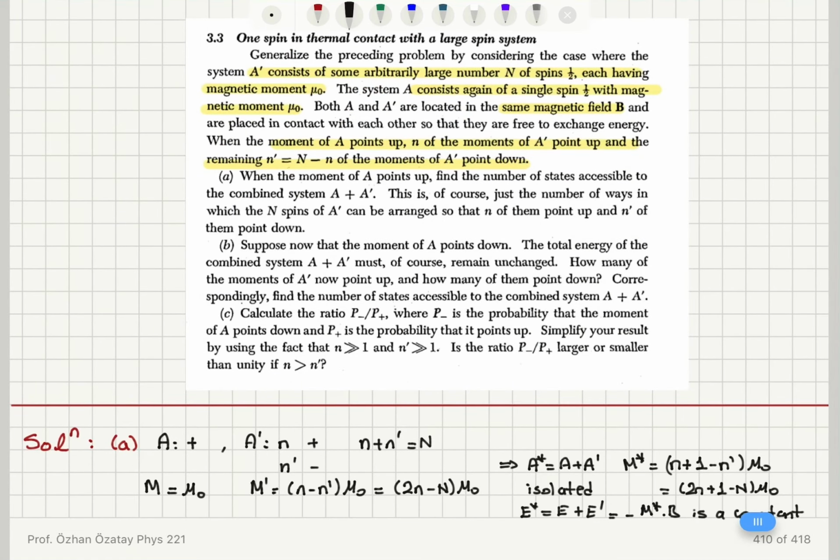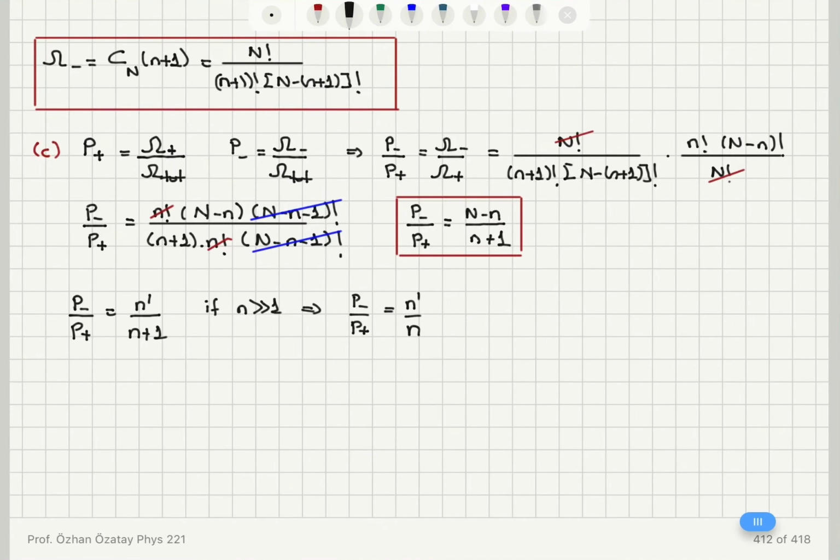Now, is the ratio larger or smaller than unity if n is greater than n prime? If n is greater than n prime, you would have the P minus to P plus ratio less than 1, which means P plus will be greater than P minus.